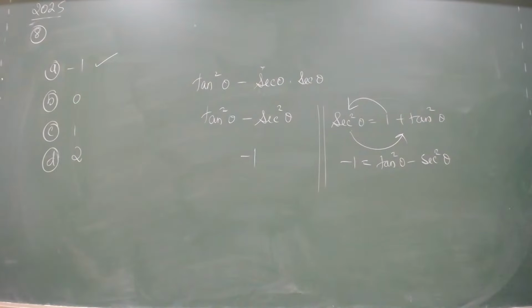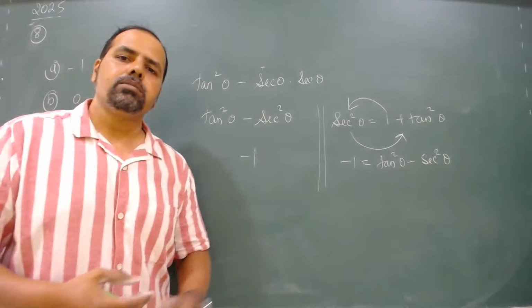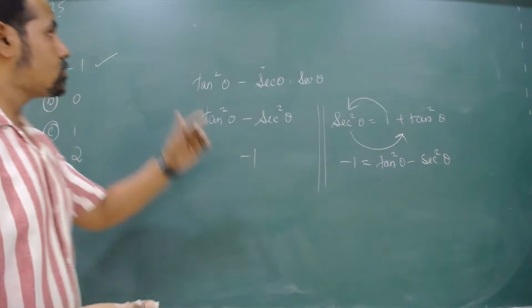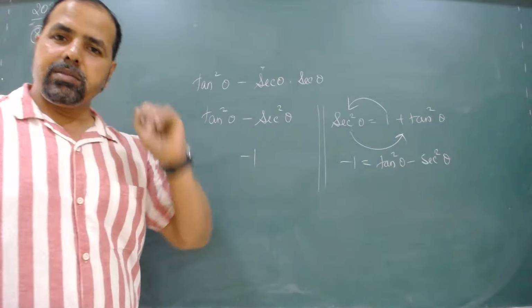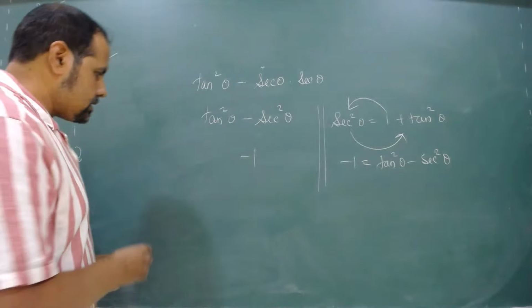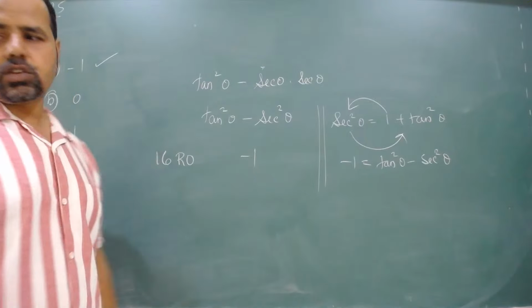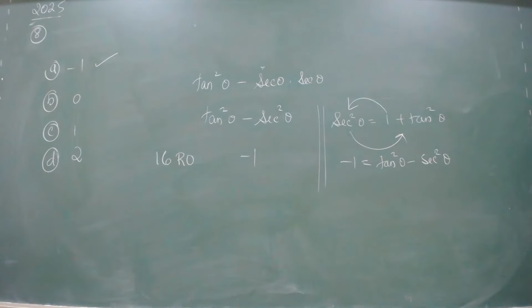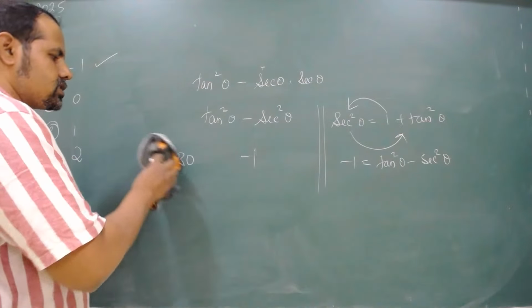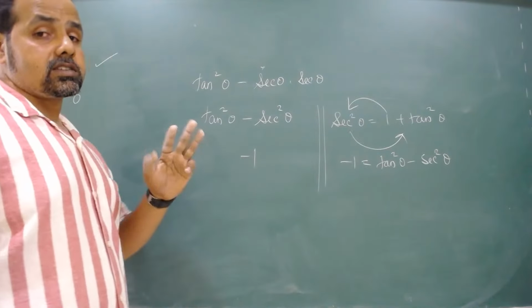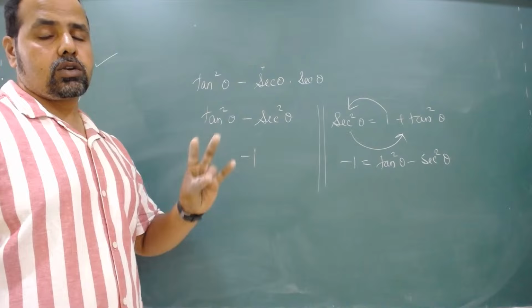As I have mentioned, you might be wondering how come these many number of questions are there from the year 2025. So let me make it clear. CBSE has 16 regional offices. So each regional office will be having their own set of papers. You can imagine each regional office will have 3 sets: A, B, C, set 1, set 2, set 3.